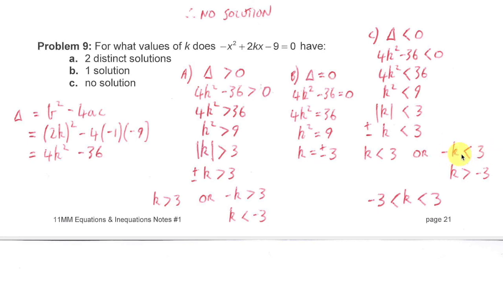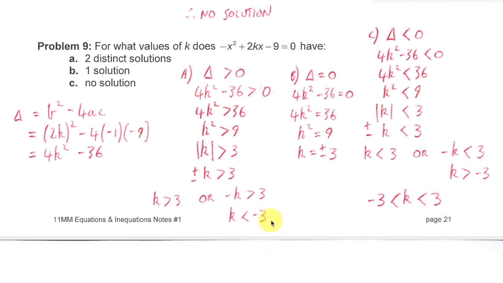Again, working with the negative version here, if I divide both sides by negative 1, then I have k becoming greater than negative 3, noting that the inequality changes signs. So if I put k in the middle, then I have k being greater than negative 3, which is written there, and at the same time, k has got to be less than 3.